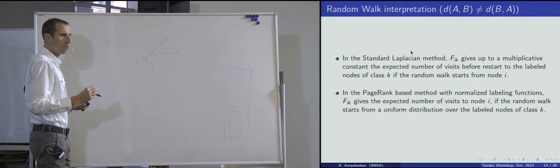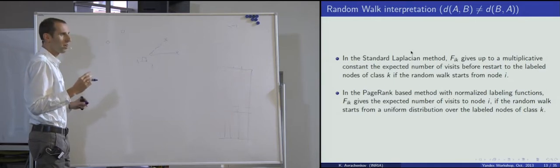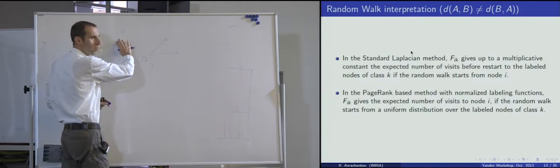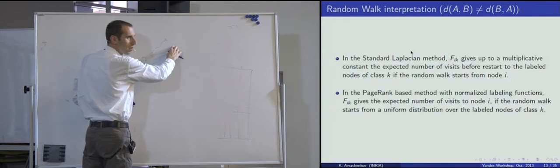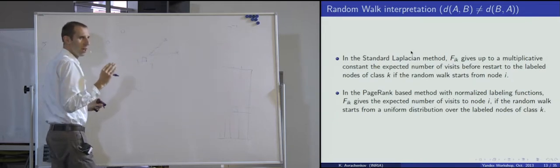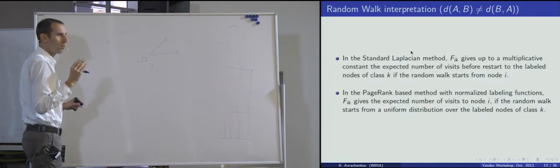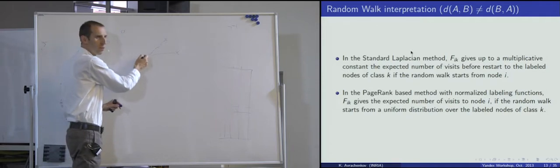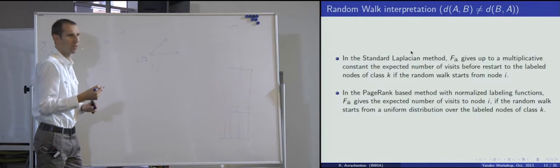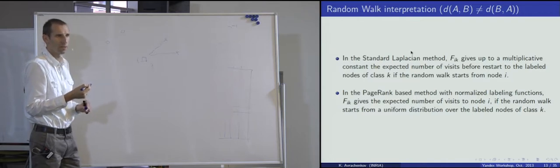We count these numbers in expectation, and then we compare how many visits in expectation we have to these labeled points and to those labeled points. To the class with the smaller number of visits, we classify this point. So this is what a standard Laplacian method is doing.